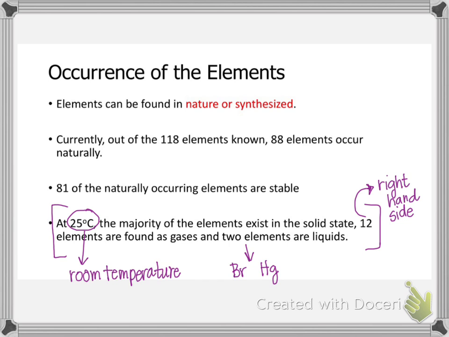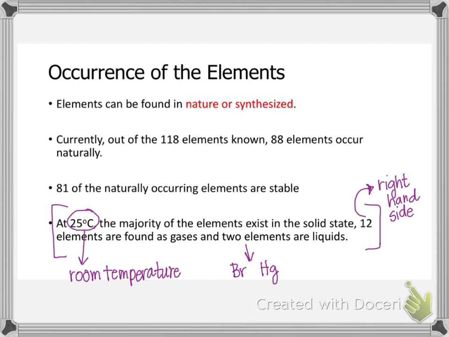Again, if you look at the periodic table in the room, they often are color-coded. I know the most common ones we have in the classroom, the solids have solid black symbols. The gases have solid red symbols, and the liquids have solid blue symbols.